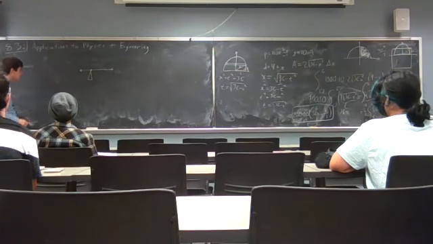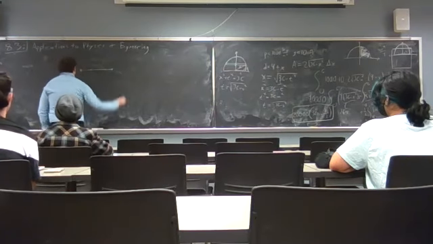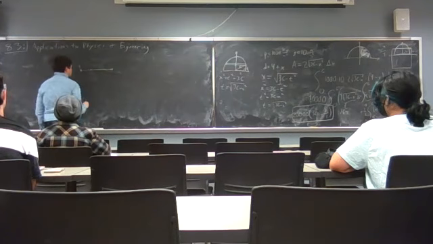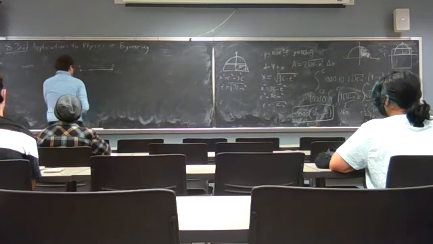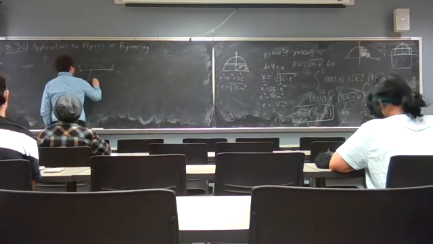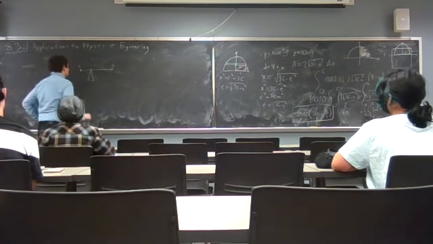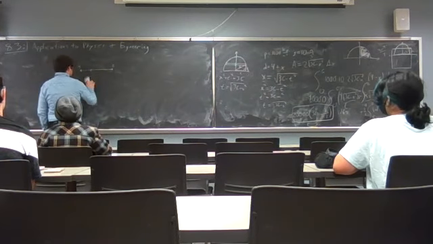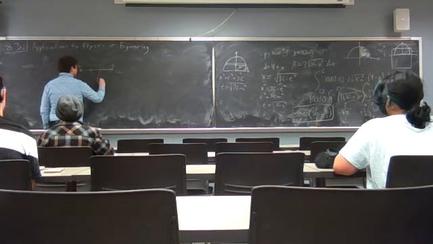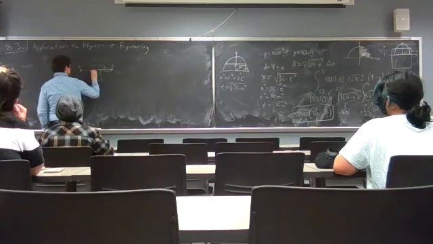So, for example, let's say that this is 4 kilograms and this is 8. And I want to figure out where to put this to make this work. Then I need to fix this, because I need this distance to be 4 and I need this distance to be 8.